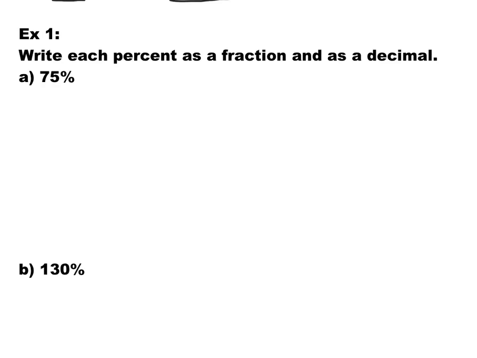In the first example, we are supposed to write 75% as a fraction and as a decimal. To write 75% as a fraction, we just write the number 75 and then write divided by 100. This is called the fraction form. To write it as a decimal number, either you can use a calculator or just remember 75 is really like 75.0000.